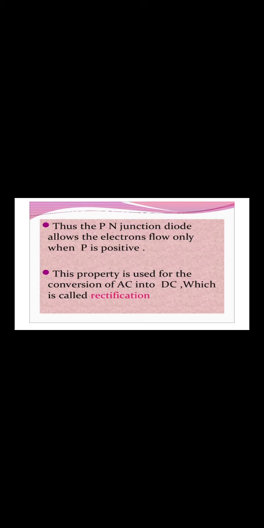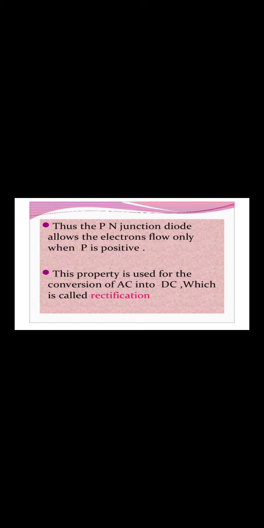The thickness of the depletion layer is of the order of 10 to the power 6 meter. Thus the PN junction diode allows electron flow only when the P side is positive.